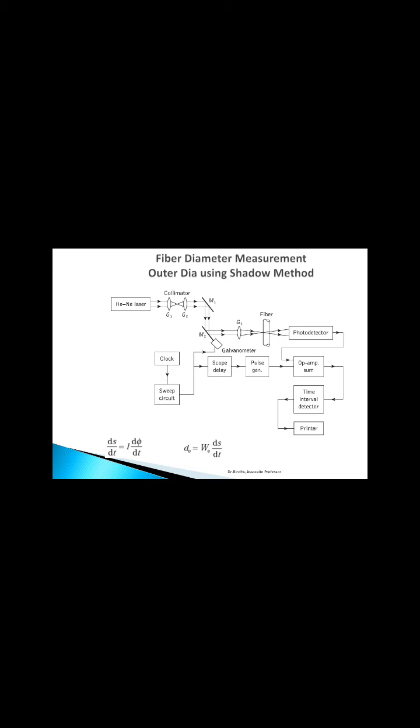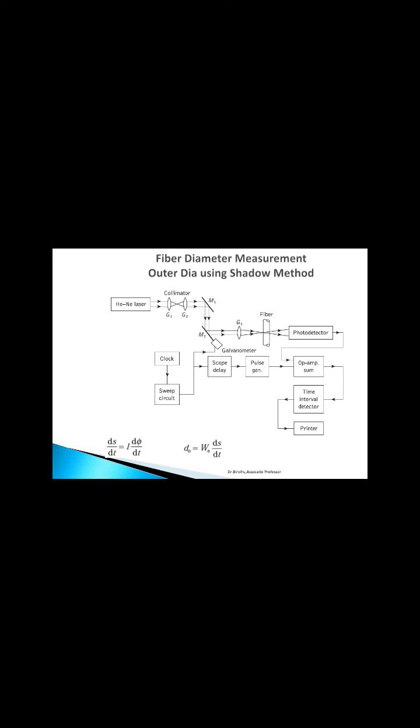Whenever there is no fiber inserted, you will get a maximum output in your photodetector. But once you insert a fiber, you will get only a shadow. You are blocking that light source, so automatically you get only the shadow.